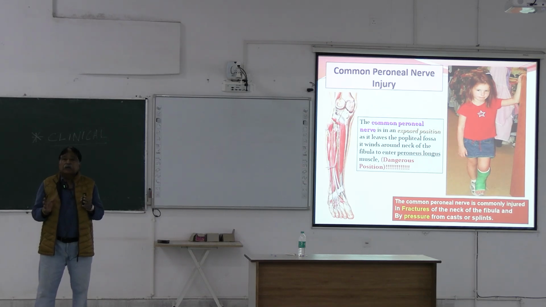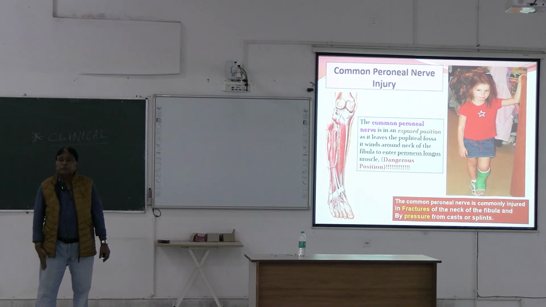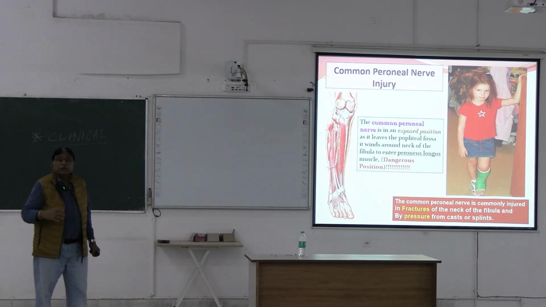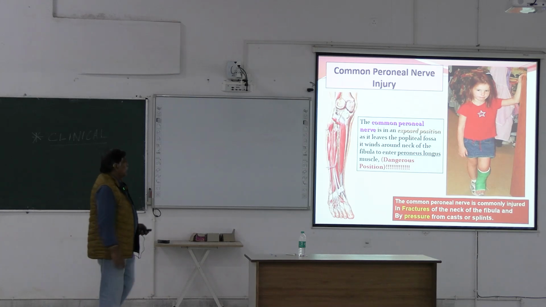Then you take, according to the patient's height, weight, and muscular part, a 6 inch or 4 inch bandage. Now, if a child is there, you take a 4 inch one. You just put a slab and a bandage. You need not put a full cast. Okay.